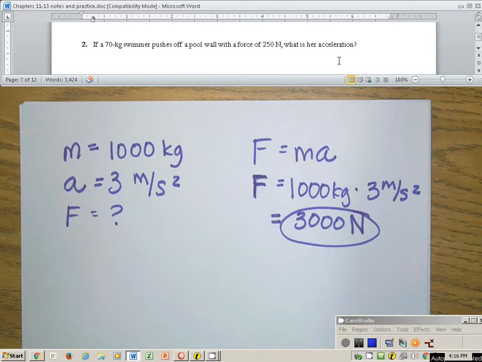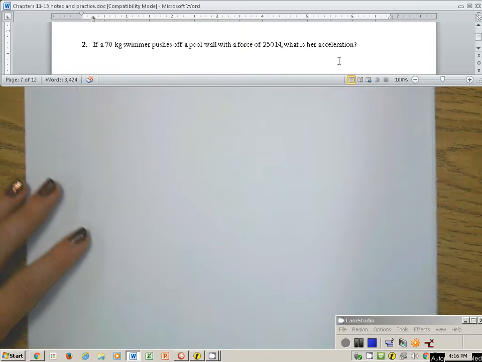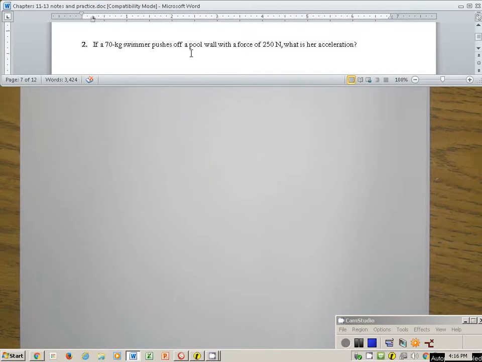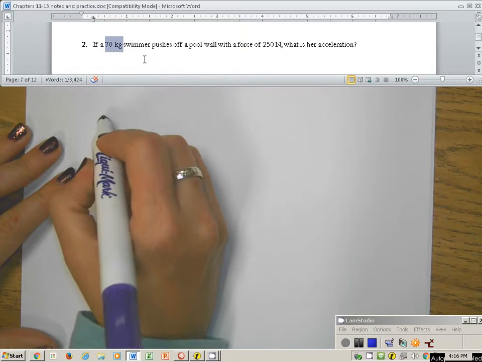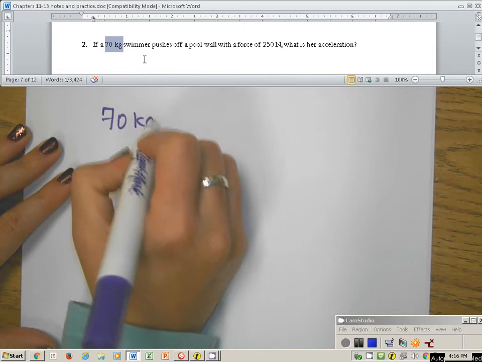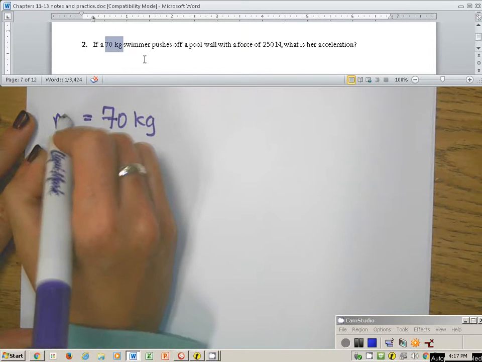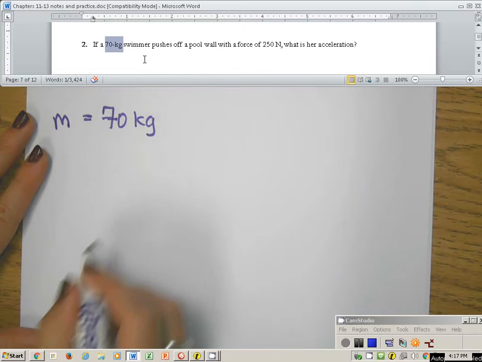Have another problem. It says if a 70 kilogram swimmer pushes off the pool wall with this force, what is her acceleration? Well, again, kg, I know that I have this number here. I know that I have 70 kilograms in my problem. And I know that kilograms measures mass, so that's an M. And it says that they push off with a force.